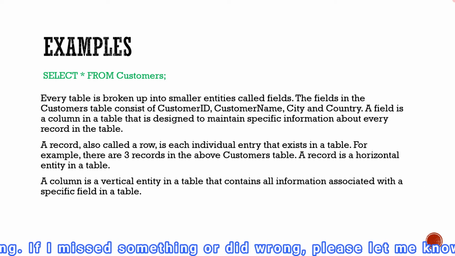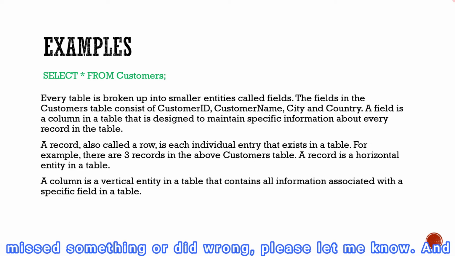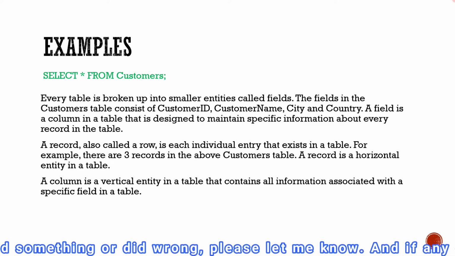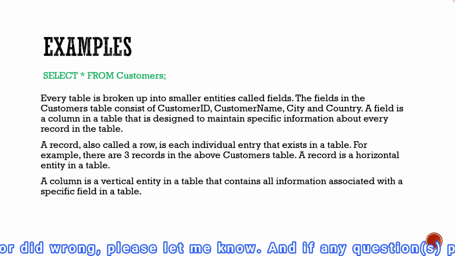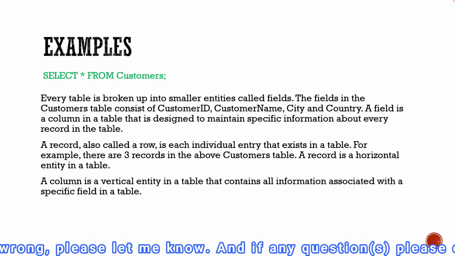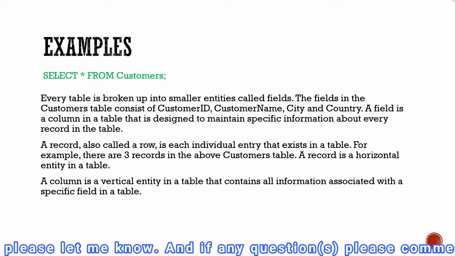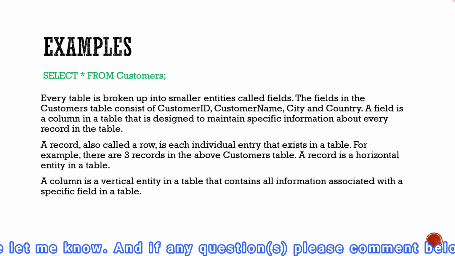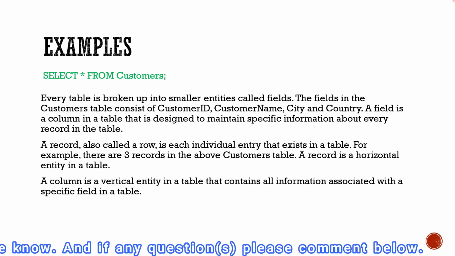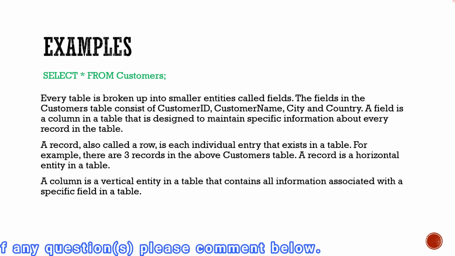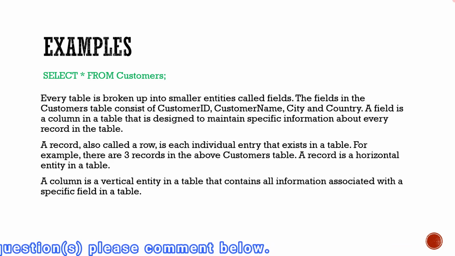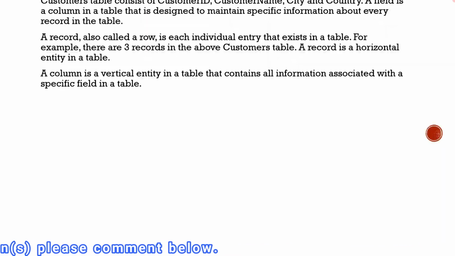A record, also called a row, is each individual entry that exists in the table. For example, there are 3 records in the above customer table. A record is a horizontal entity in the table. A column is a vertical entity in the table that contains all information associated with a specific field in the table.